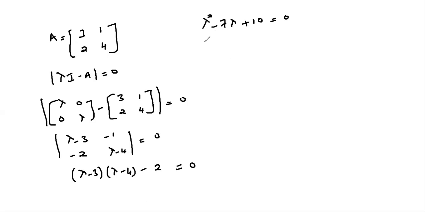From this, you notice that our alpha 2 is 10 and our alpha 1 is equal to negative 7.